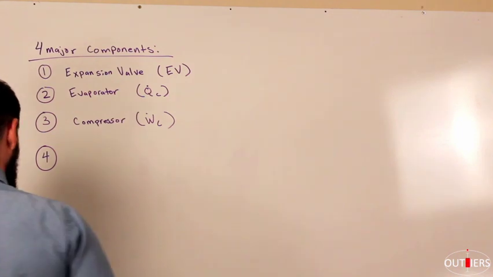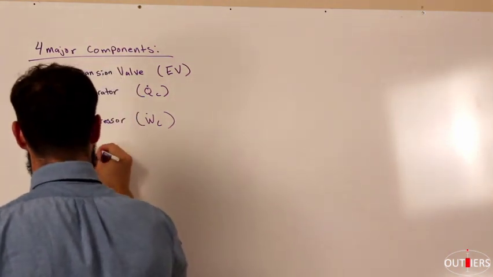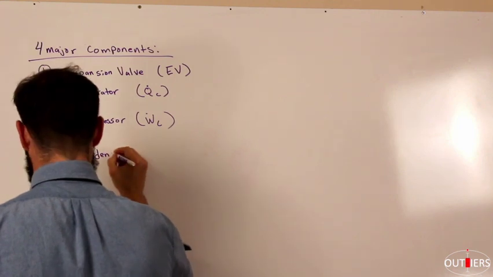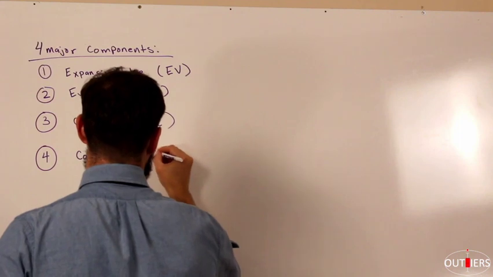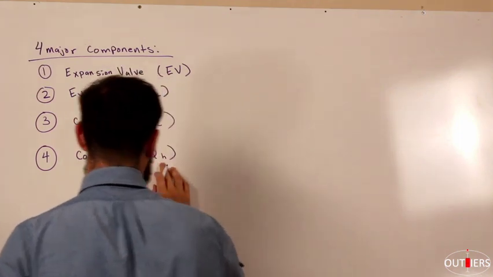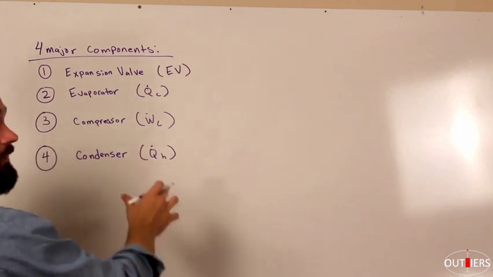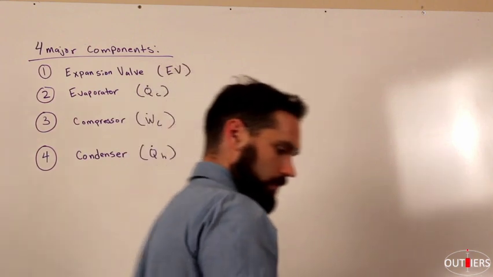The fourth major component of this cycle is the condenser. And the condenser, like the evaporator, is a heat exchanger. So I'll use Q as part of its abbreviation and H as the other part, because the condenser is the exchanger on the hot side of this cycle.